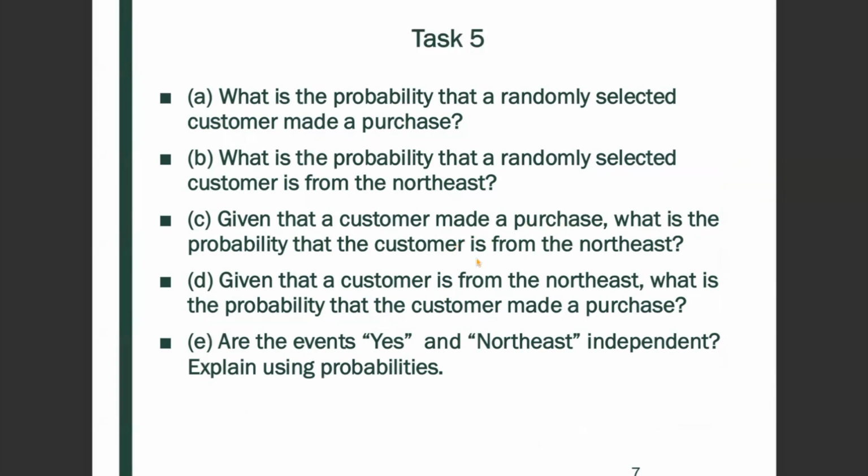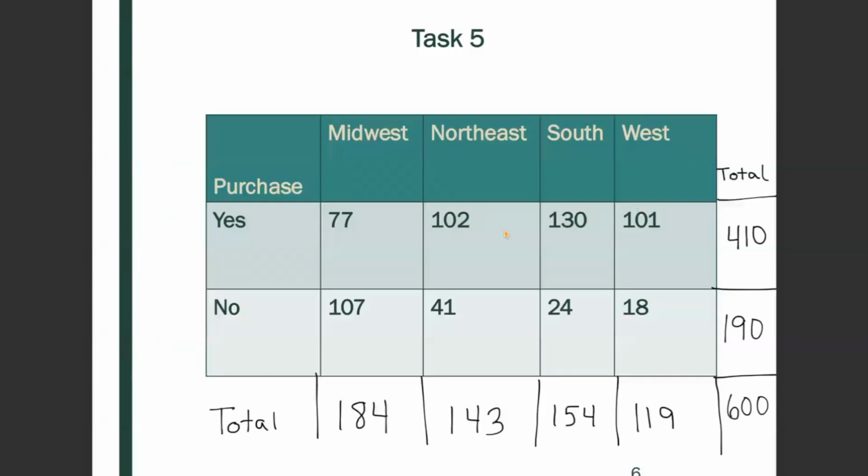Part C, given that a customer made a purchase, what is the probability that a customer is from the Northeast? So here, the first key thing is that given that a customer made a purchase. This keyword given is going to tell me what row I'm interested in. We're first going to be looking at the row where they made a purchase. That's a given. So that's going to be the denominator, the total for this row here.